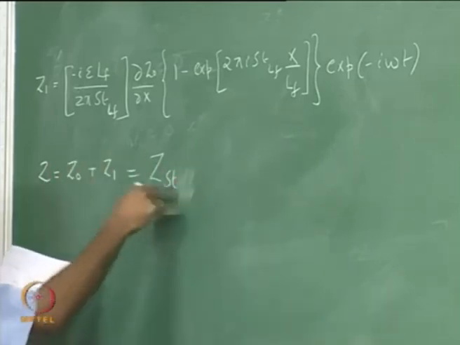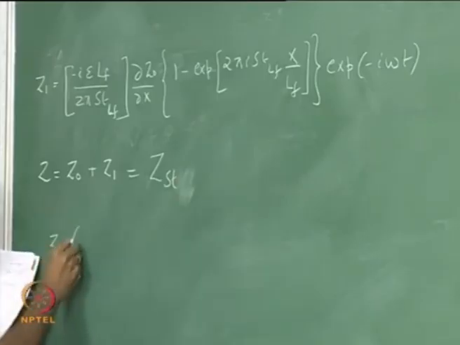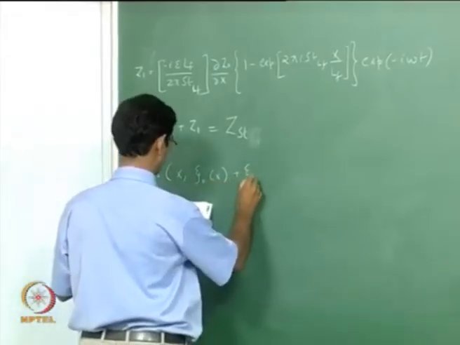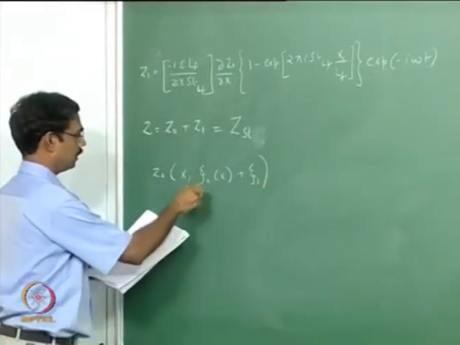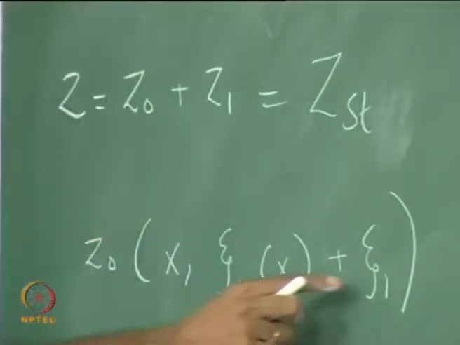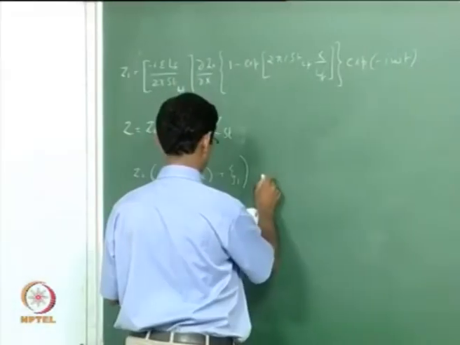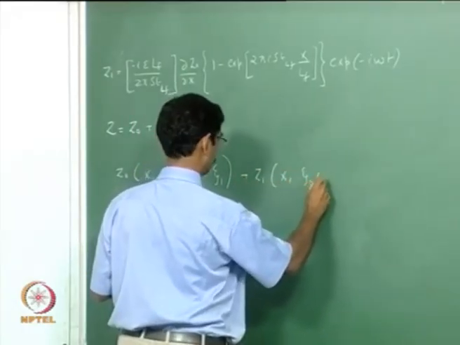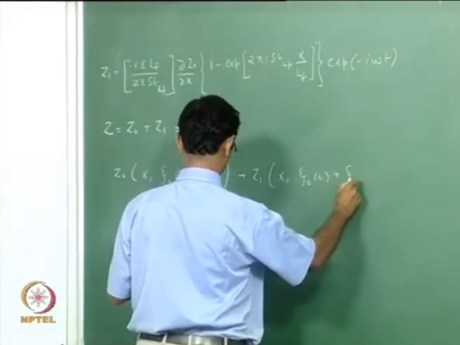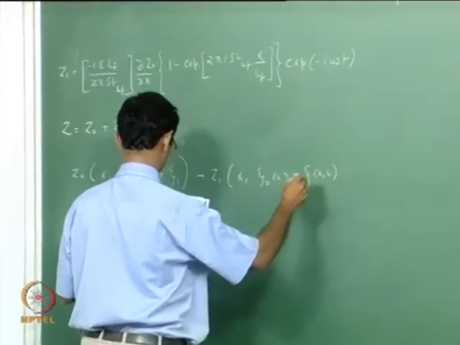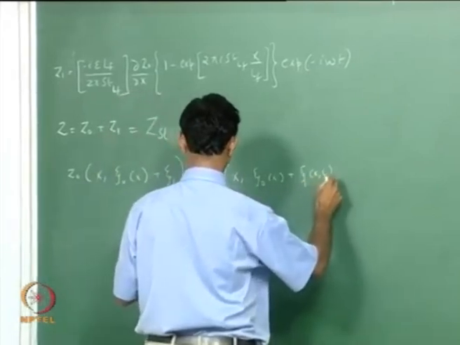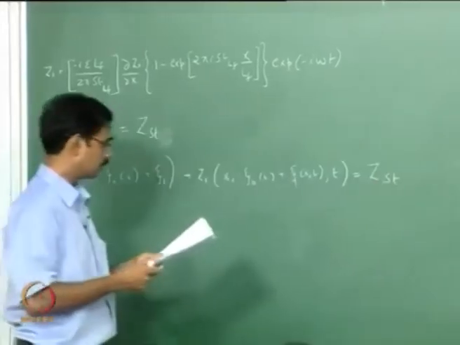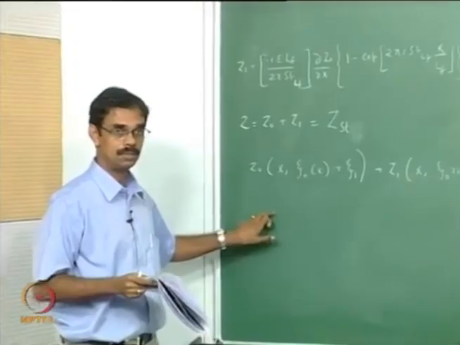That is stoichiometric. So this can be recast as psi naught, the flame position of the steady flame, and then you perturb it, that is psi 1 plus... So we will have to implicitly solve for this equation.